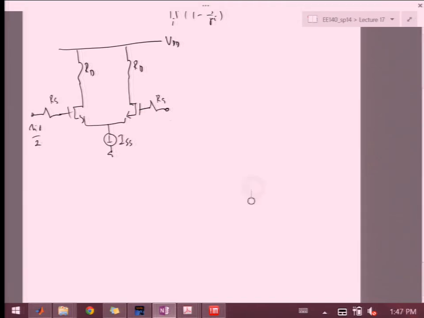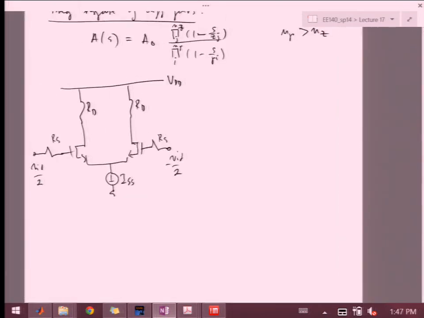So I'll say I drive, just to look at the differential output, with VID and minus VID over 2. And so what type of circuit can I analyze this with? How do I simplify this topology? Half circuit, because everything is symmetric, right?